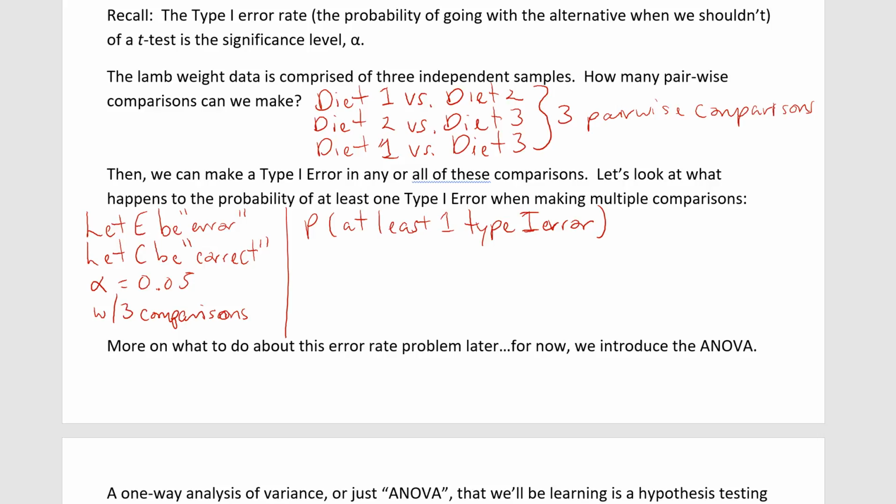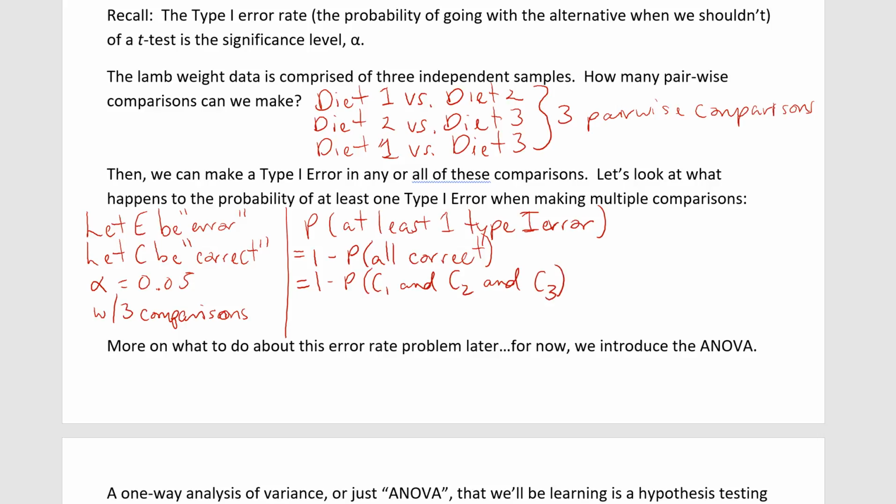What is the probability of making at least one type 1 error? Well, the complement of that is making no errors, right? So this is going to equal 1 minus the probability of no errors, which means that they're all correct. And can we compute that probability? Well, that's 1 minus the probability that we're correct on the first, and we're correct on the second, and we're correct on the third.